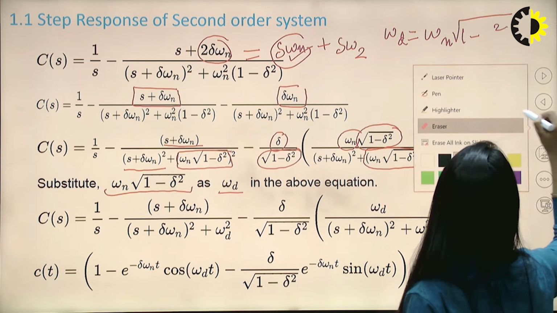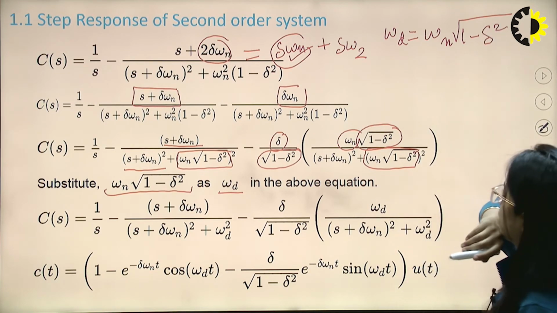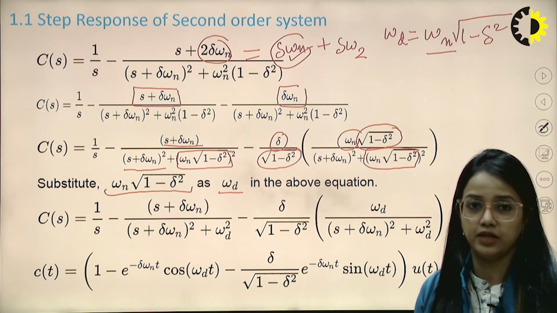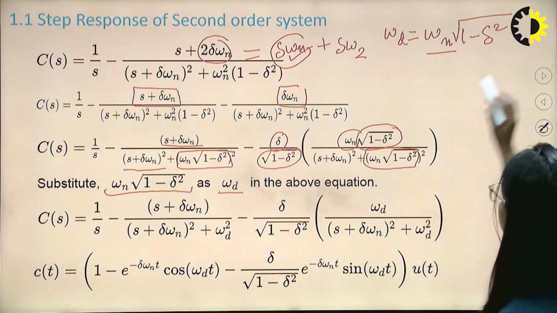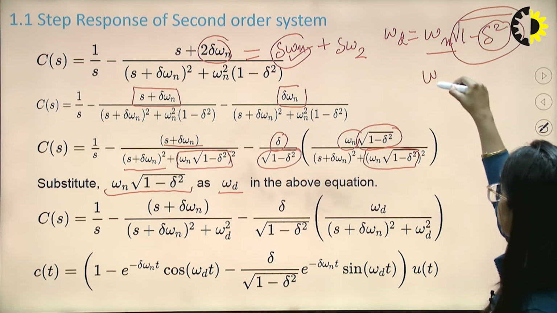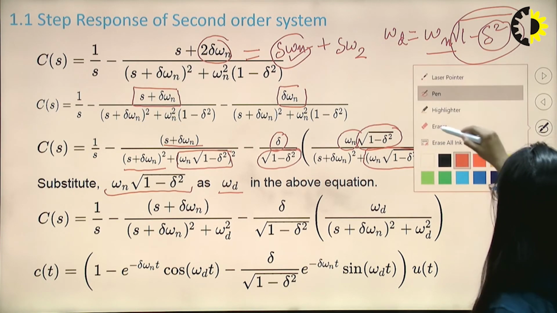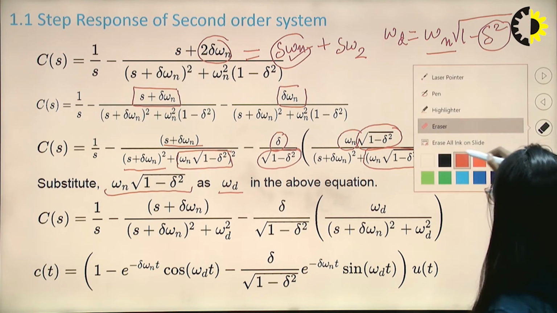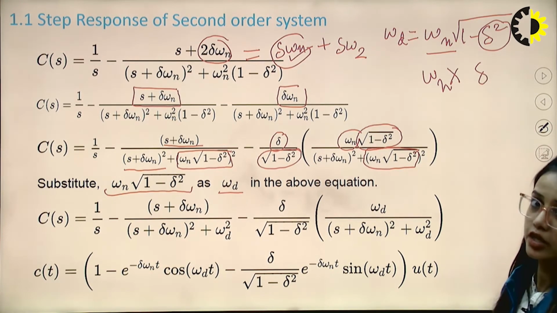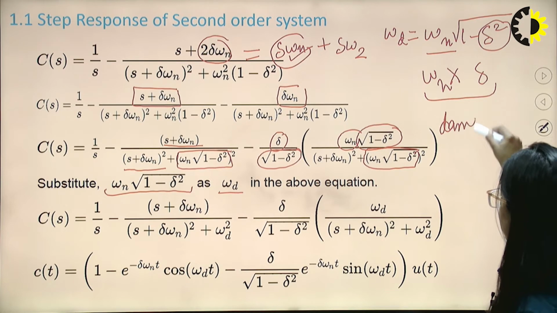Since this is the natural frequency omega n multiplied by some impact of zeta, which is damping, can I call the new frequency the damped frequency?